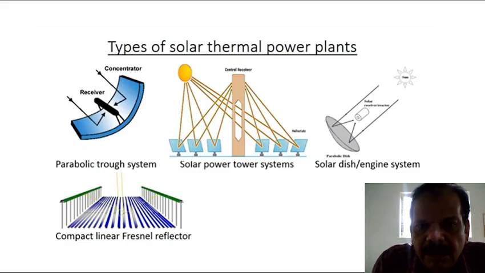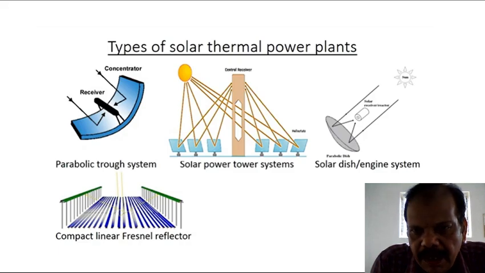The mirrors will reflect the sun's rays onto a single point where this medium is stored. This medium will get heated, and this high temperature heat will be exchanged to some other fluid to get it to change phase.